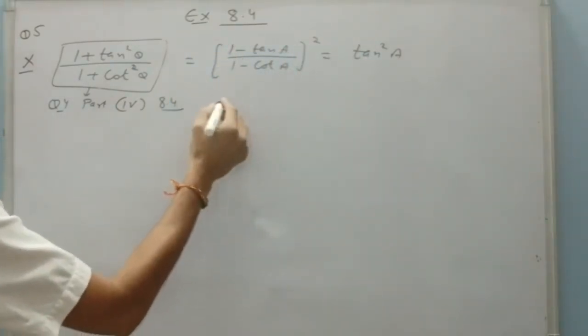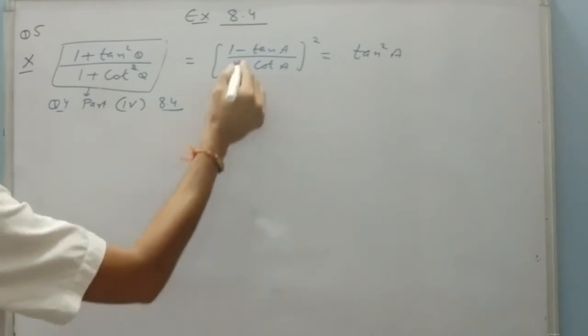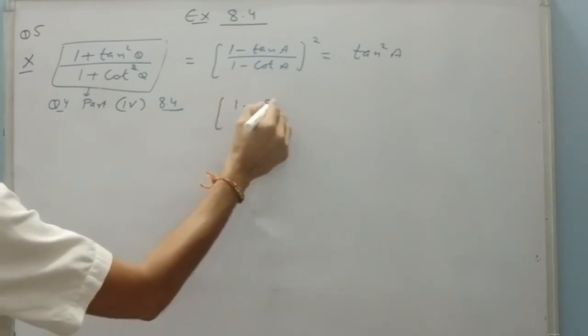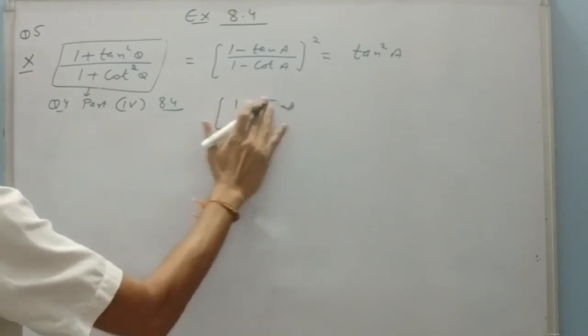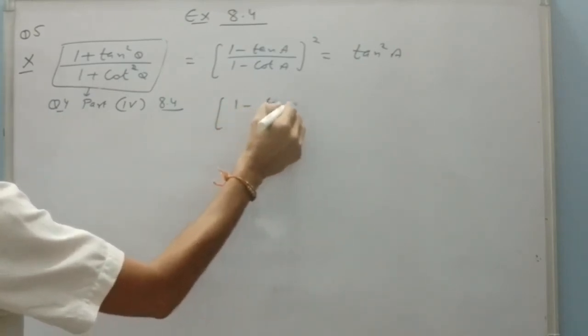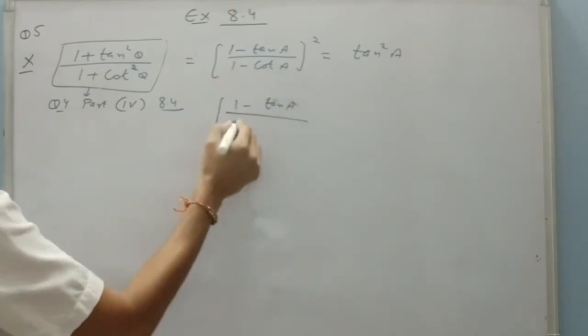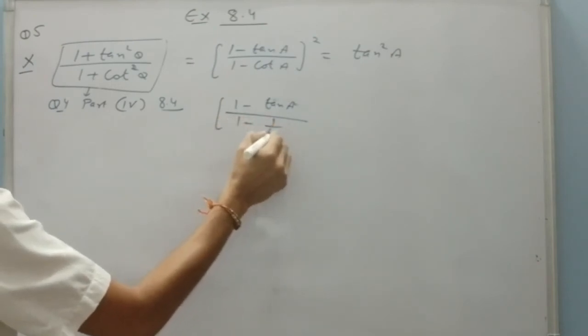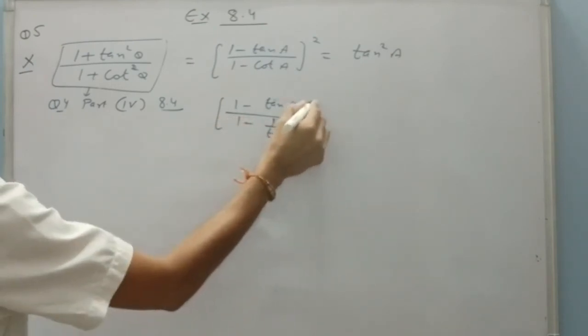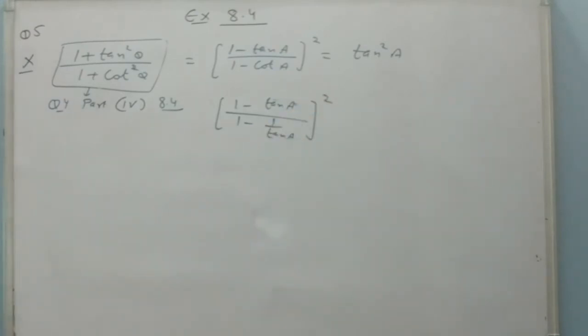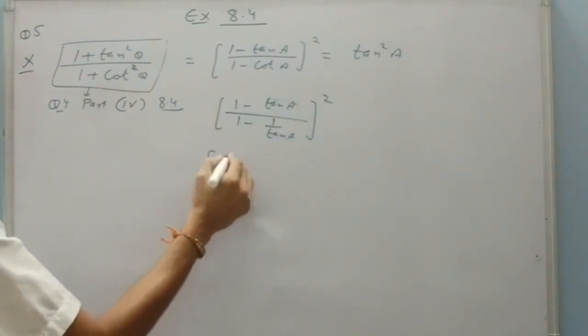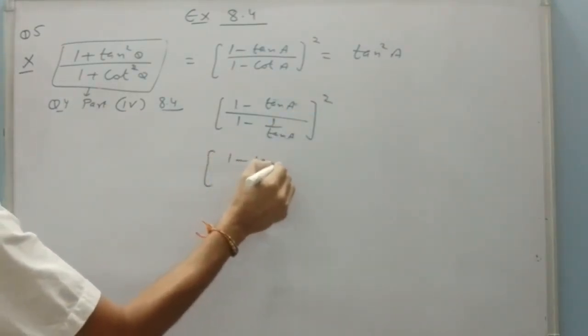For this I can take tan can be written as sine upon cos, 1 upon tan as it is. Cot can be written as 1 upon tan, whole square. Now taking the LCM, upper part numerator is as it is.